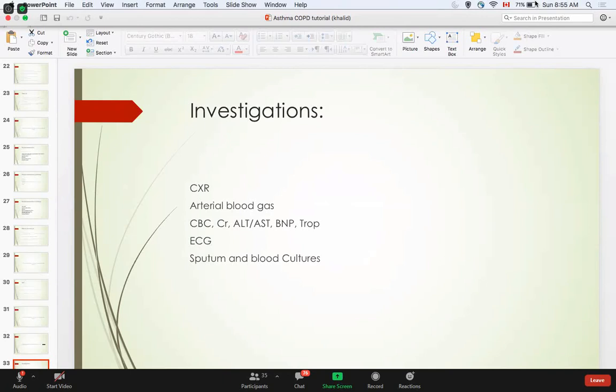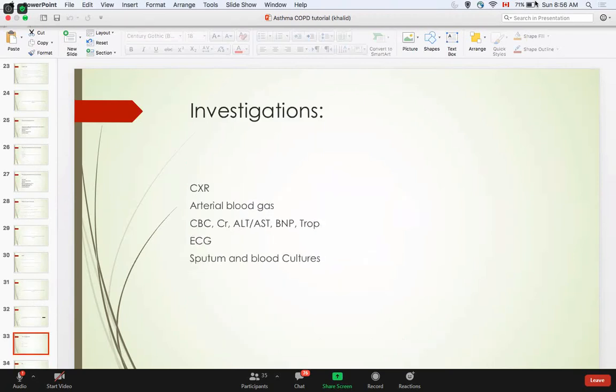Sometimes the clinical picture is so close that other workup may help us differentiate between the two. ECG, of course, anyone with shortness of breath or chest tightness in this age group, we should do an ECG, sputum and blood culture.